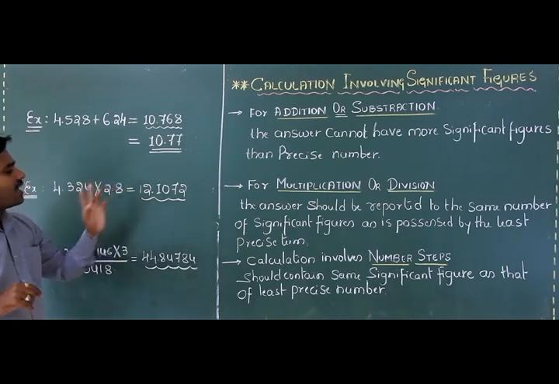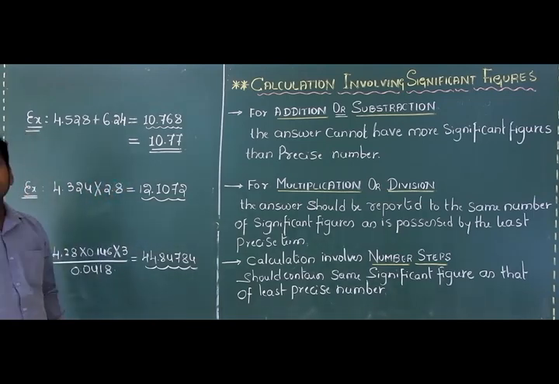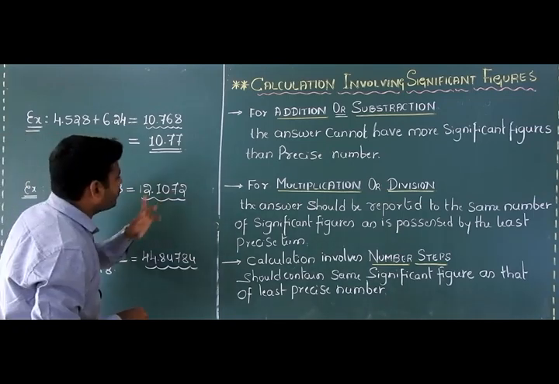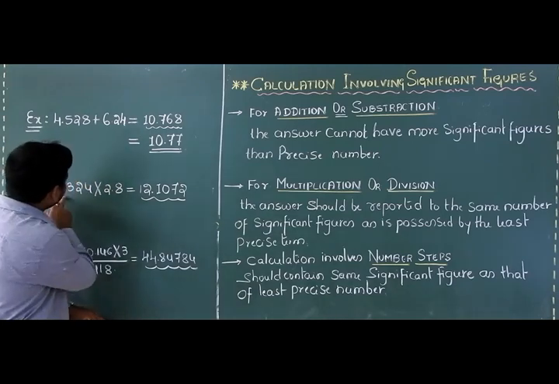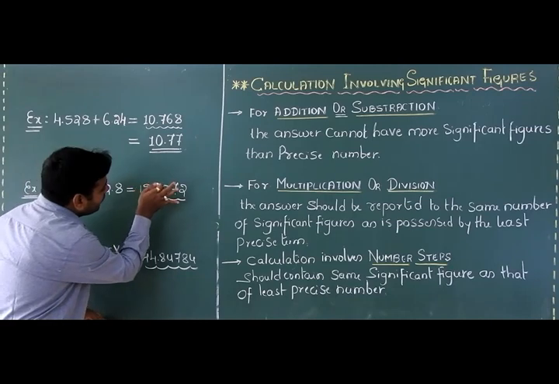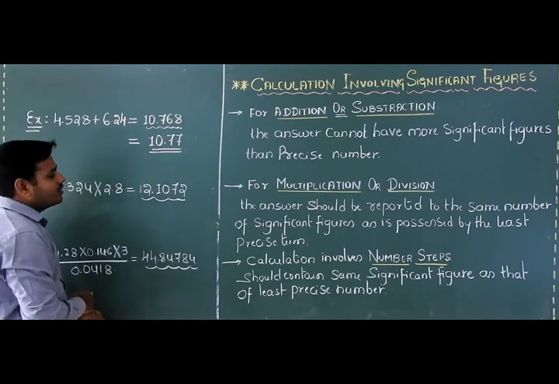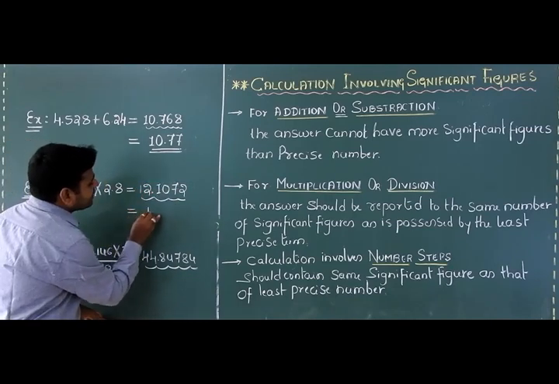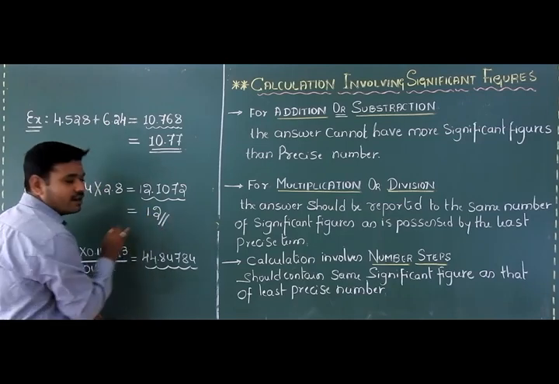Now here the answer is 12.1072. The product of these two terms is 12.1072. But instead of 12.1072, we express this answer in the form of 12.